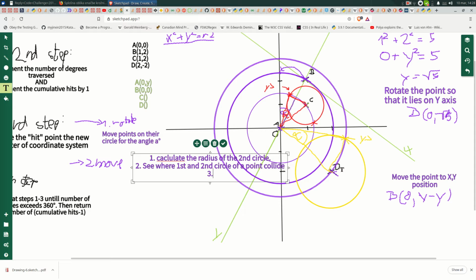Third, calculate the 2 points which are actually candidates for the new point. Fourth, calculate the coordinates of the 2 points.